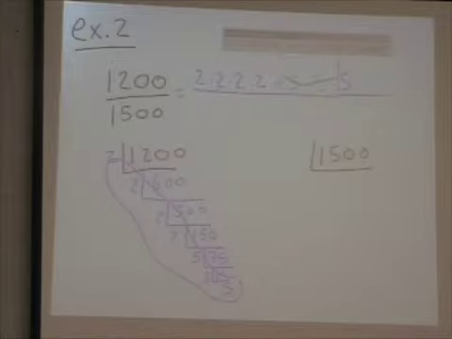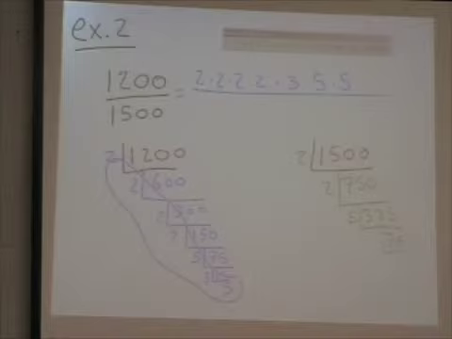1,500. Okay, so 2 goes into 1,500 750 times. 2 goes into 750 375 times. Now, 375 isn't even. But what does 375 end in? 5. So 5 goes into 375 75 times.